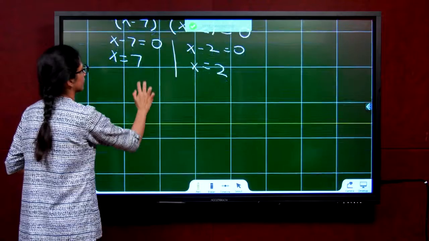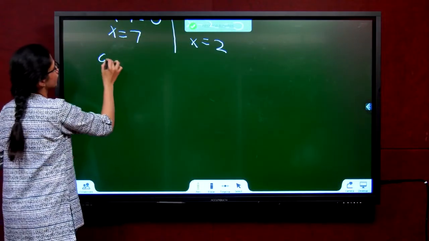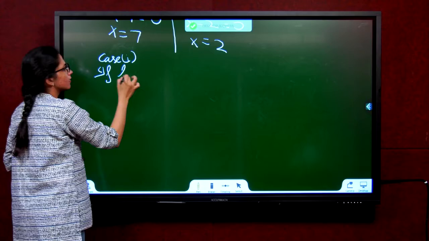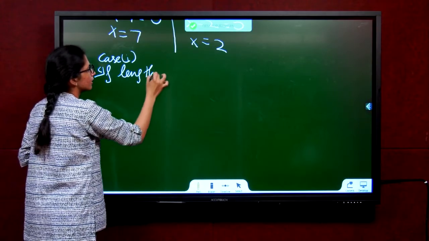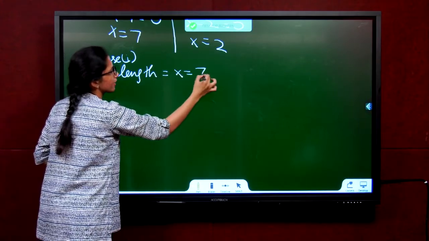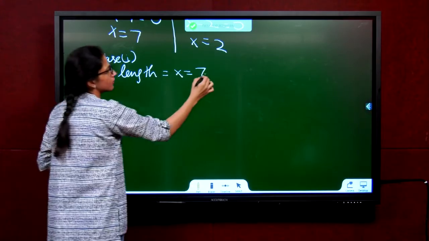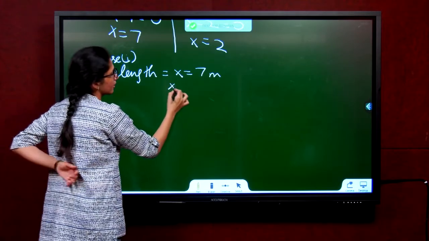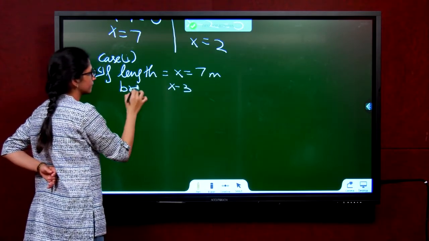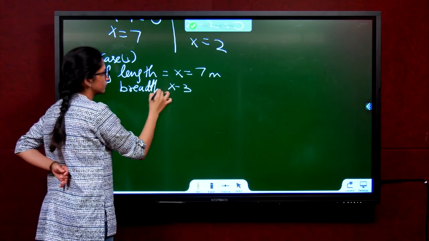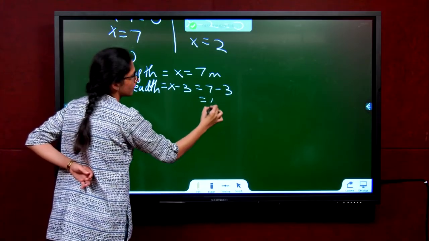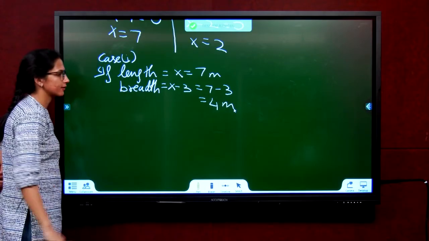Let us check. Case 1. If length is equal to x equals 7 meters, then what is breadth? x minus 3. 7 minus 3. 4 meters. Possible? Yes.